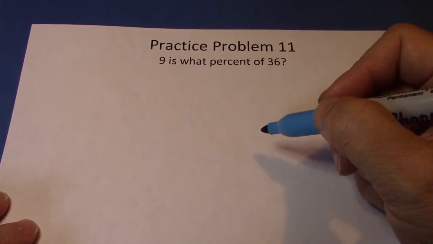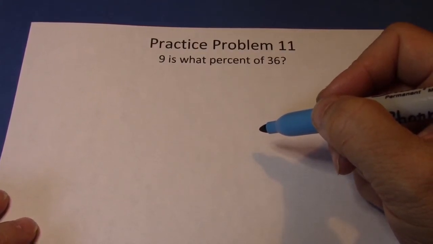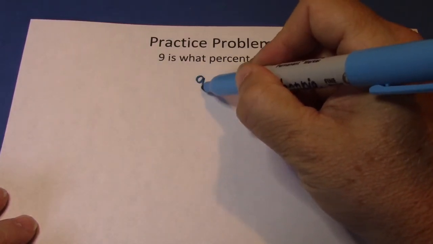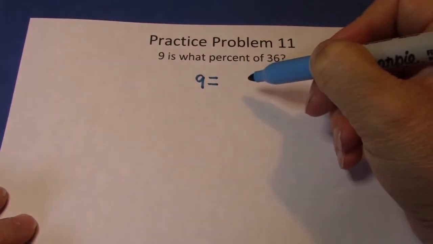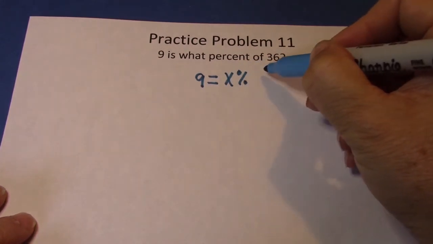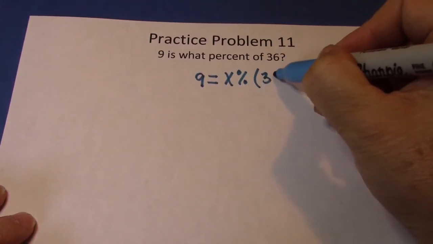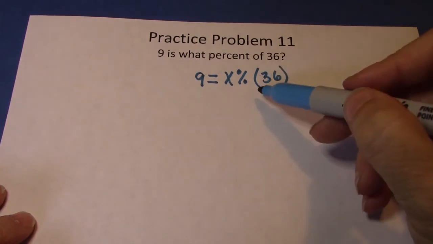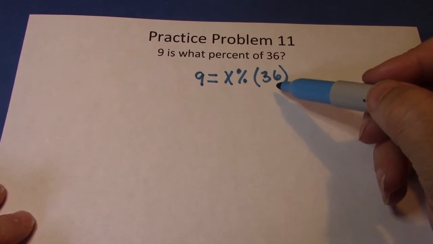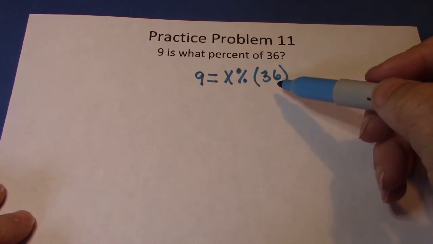Problem 11, 9 is what percent of 36? Okay, 9 equals what percent, so I need a variable, what percent of 36. I'm putting that in parentheses. Remember that anything next to each other in math without a specific operation sign means multiplication is going on.